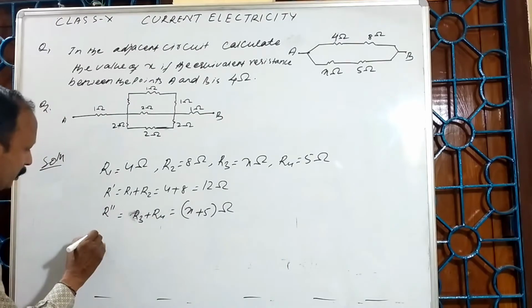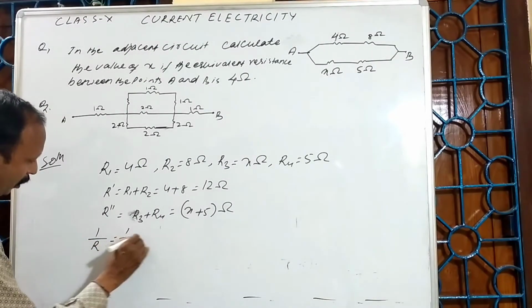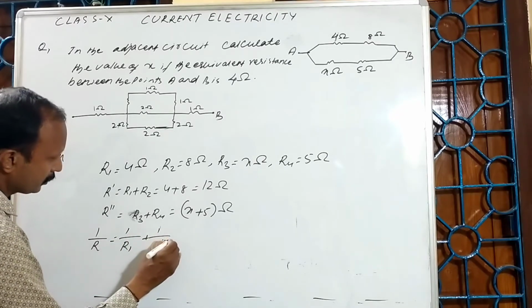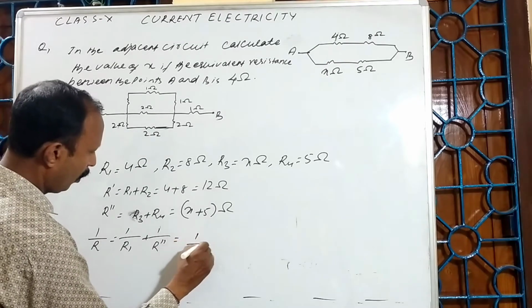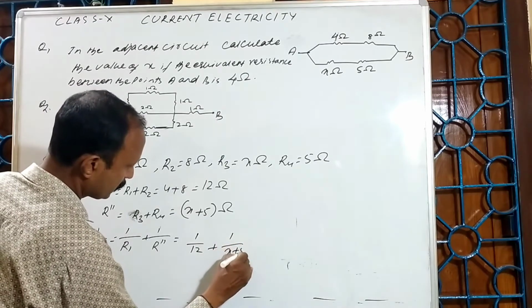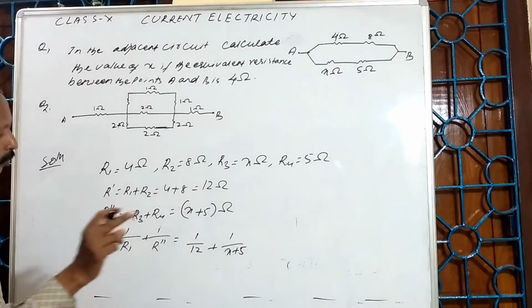So at first we will find the equivalent resistance. 1 divided by R is equal to 1 by R dash plus 1 by R double dash is equal to 1 by 12 plus 1 by X plus 5. So here the equivalent resistance is given as 4 ohm.